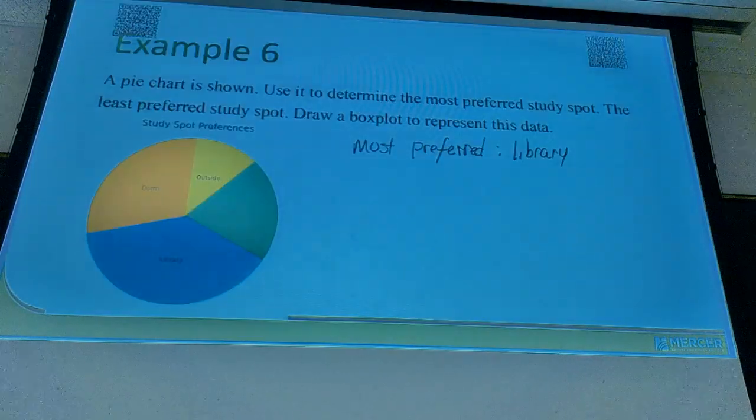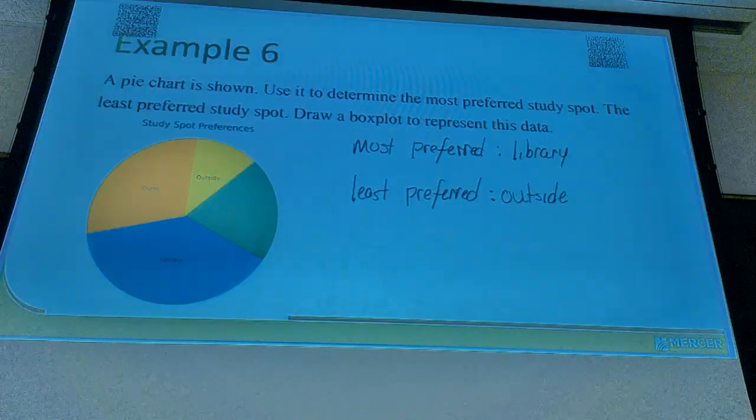Simple answer, right? Biggest piece of the pie. Least preferred, and why? Smallest piece, right? So you'd be really happy if you got that library slice of pizza. Unless you don't like pizza.